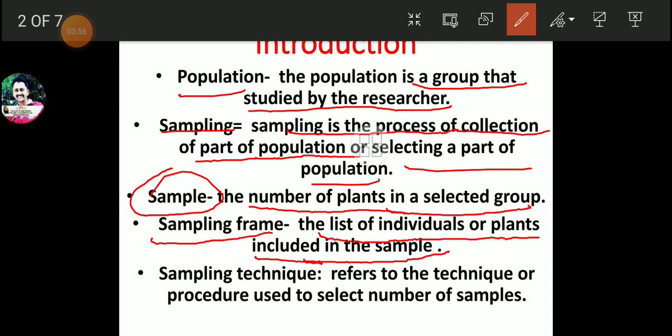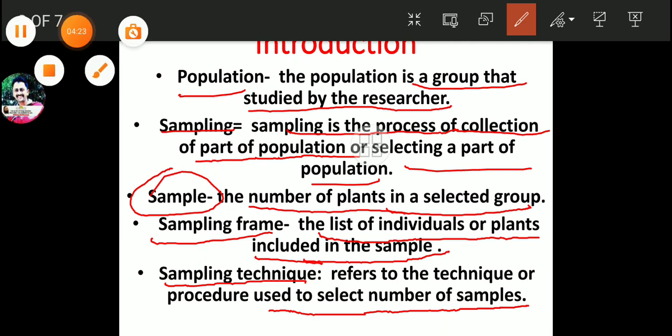Now what is sampling technique? Sampling technique refers to the technique or procedure used to select the number of samples. Sampling technique is nothing but the procedure used to select the samples.